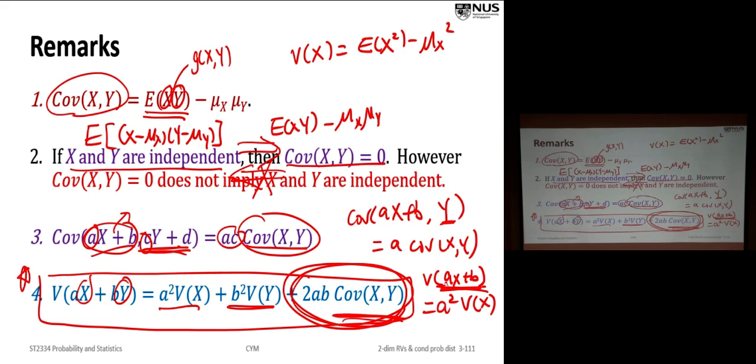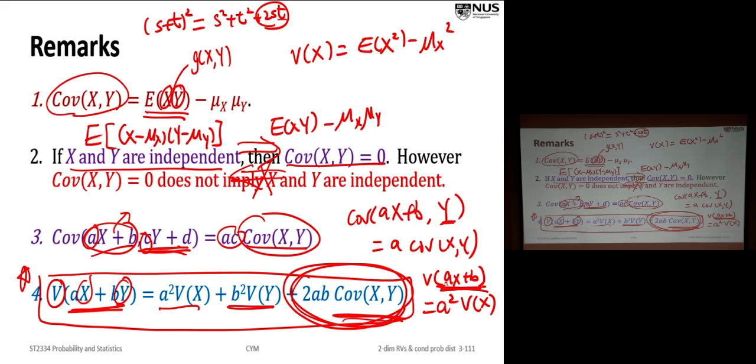This comes from the idea that variance basically is the expectation of the square of this minus the expectation of this quantity. So it's a square, expectation of a square. So when you expand the square, you have s squared plus t squared plus 2st. So the covariance comes from this one. When you expand it, all right. I don't want to go into the details of the proofs, but just let you be aware of that.